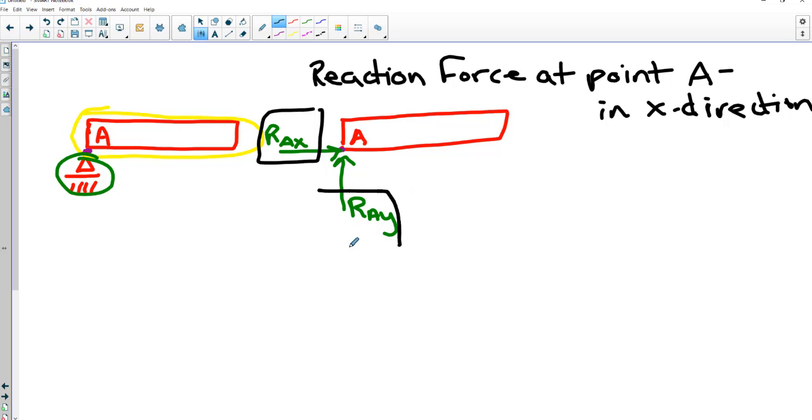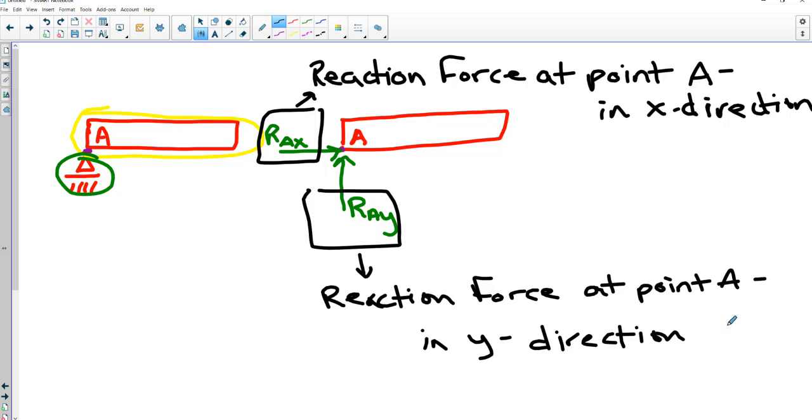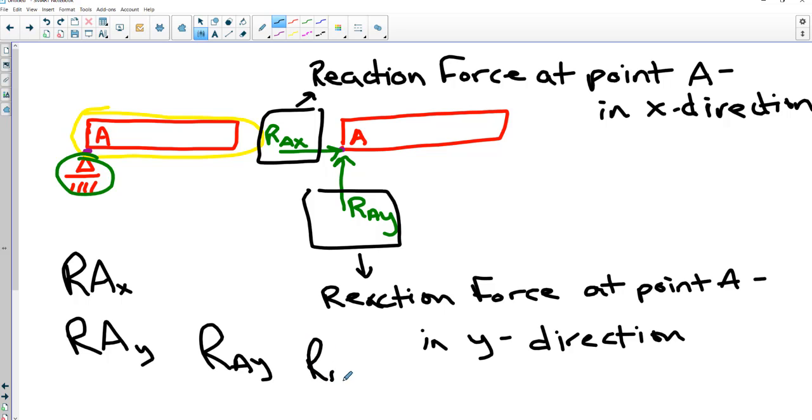And then reaction force at point A in the Y direction. That's how I like to label that, RAX or RAY. Sometimes people will say RAX, RAY. I like to do it RAY, RAX.